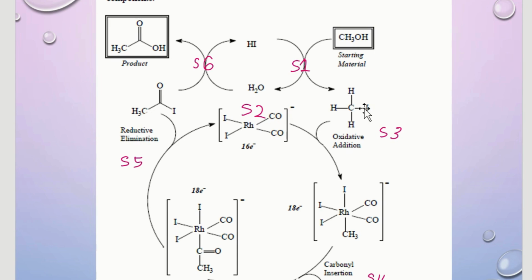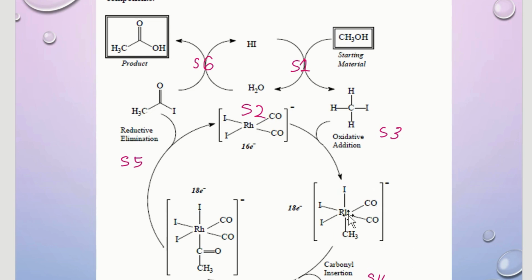Between these two species, we have oxidative addition. From step 2 to step 3, 16 electrons go to 18 electrons, an increase of 2, which is also a property of oxidative addition. The number of ligands increases from 4 to 6.